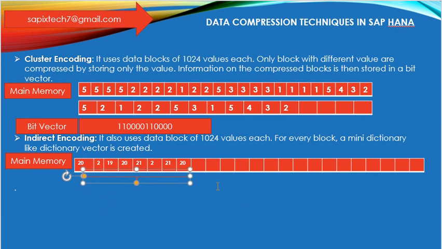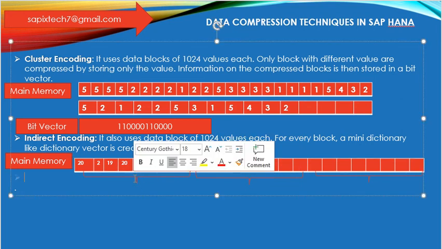This is our 8 block. Another data block of 8, and I'll create another 8 block. It's not possible to show you a 1024 size block, so I'm just showing you blocks of 8.